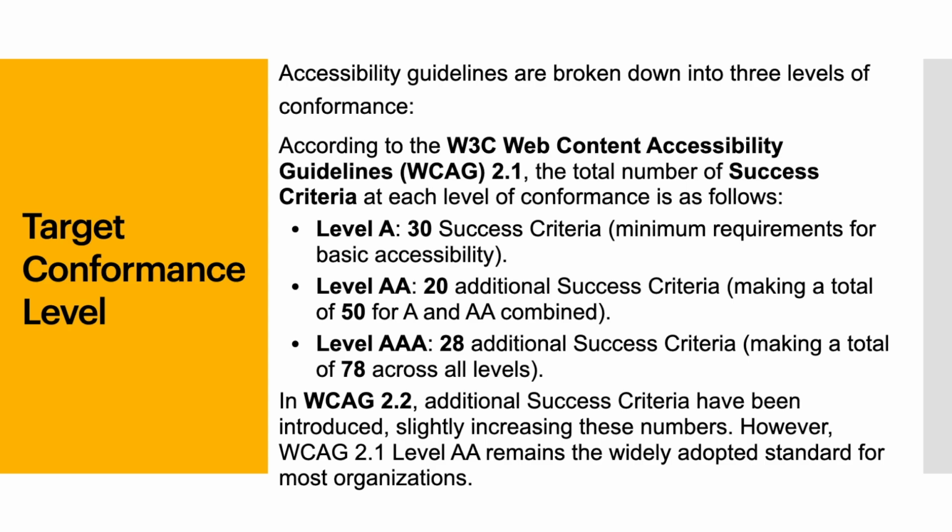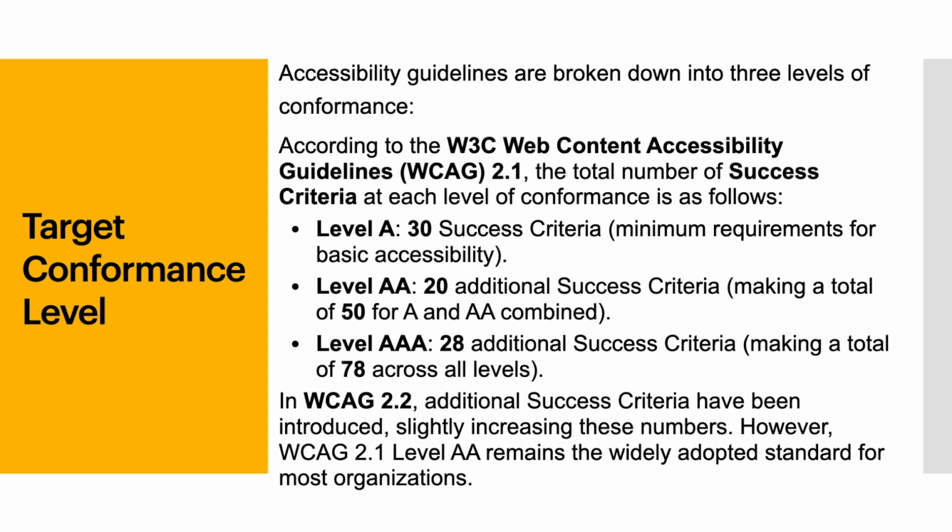And level AA, recommended, addresses a broader range of accessibility barriers, and it's the most commonly adopted standard for organizations. This level ensures good usability for users with disabilities, and it has 20 additional success criteria, making a total of 50 for A and AA combined.